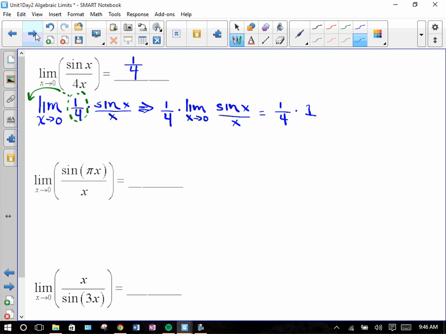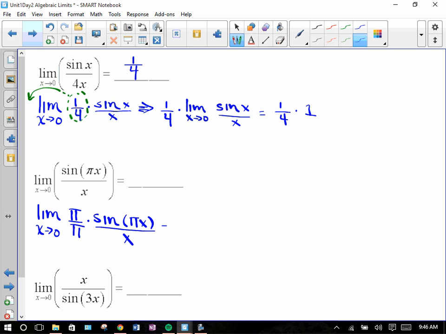So what I'm going to do here is say, the limit as x approaches 0, and I'm going to multiply this whole thing by pi over pi. So that's times sine of pi x over x.